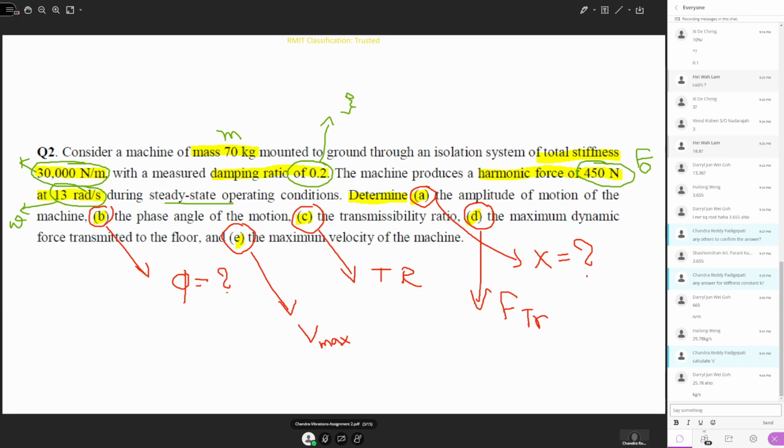So Vmax is simply, we know from the first session, Vmax is equivalent to omega into amplitude, I can write x max, so maximum amplitude. Okay, so these are the 5 things we need to calculate.